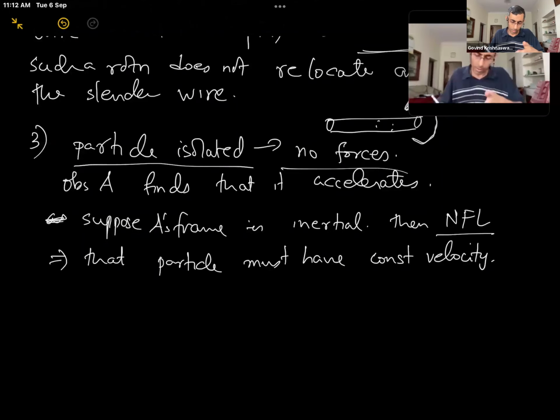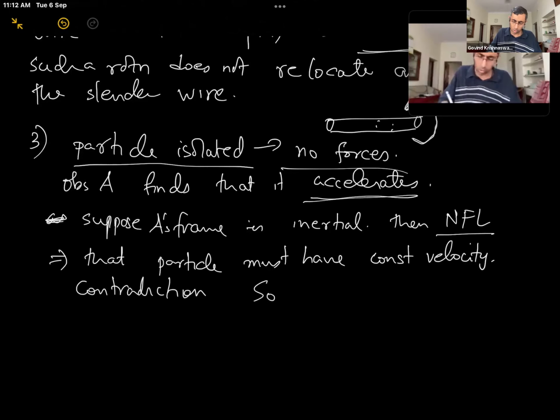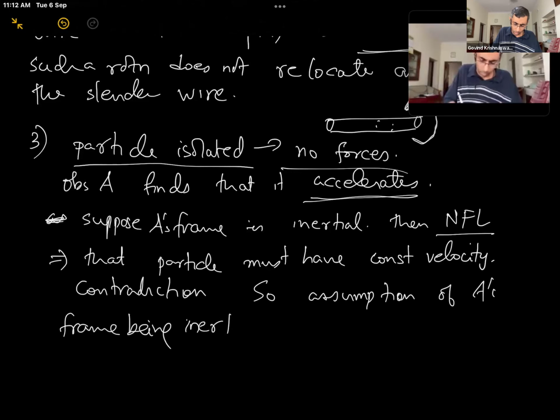but then the statement is that it's accelerating. So this is a contradiction. It contradicts the statement that it accelerates. So the assumption must have been wrong. The assumption of A's frame being inertial must be wrong.